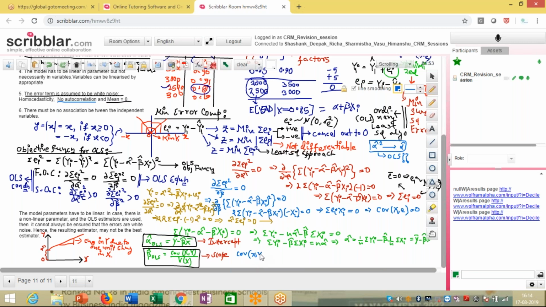You have covariance xy. So how do you define this covariance xy? So covariance xy is defined as xi minus x bar into yi minus.